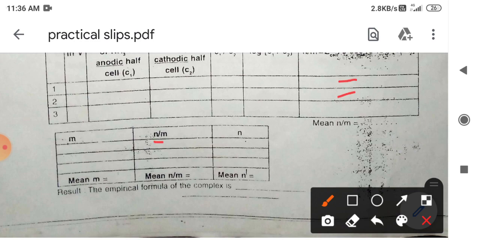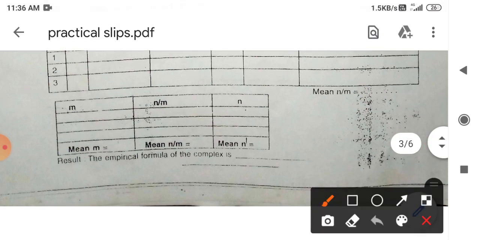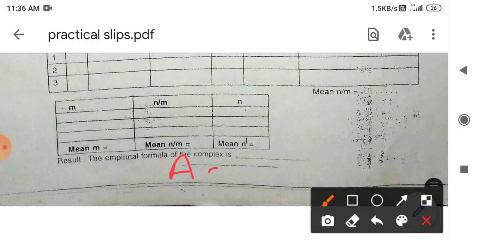Based upon these values, you will get certain values for n upon m. Just put these values here. These values should be around 2.000. So approximately you should get n upon m as 2, so the value of n can be obtained as 2, because we know that the empirical formula for this silver ammonia complex is Ag(NH3)2 plus. This is the expected formula.